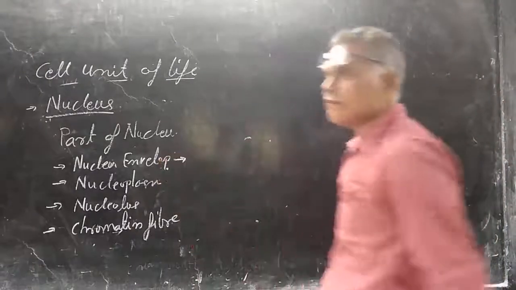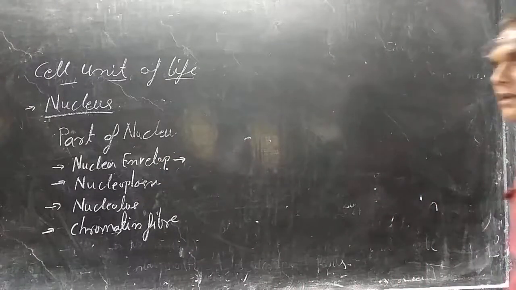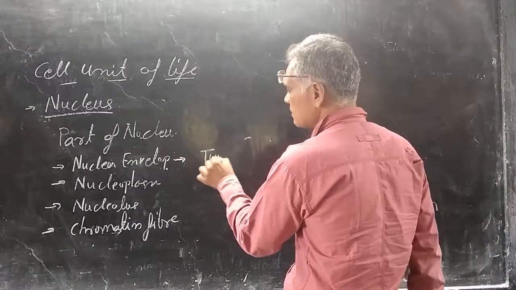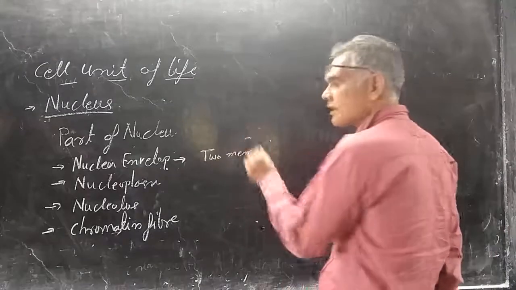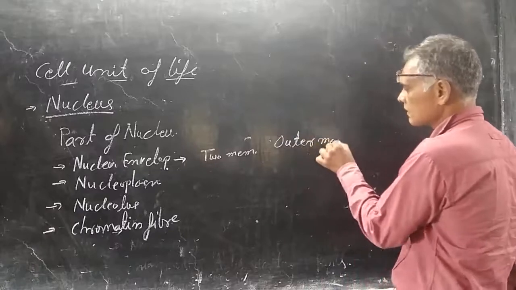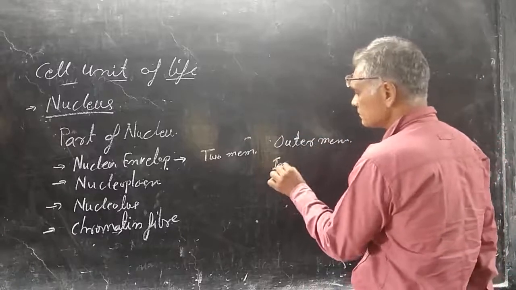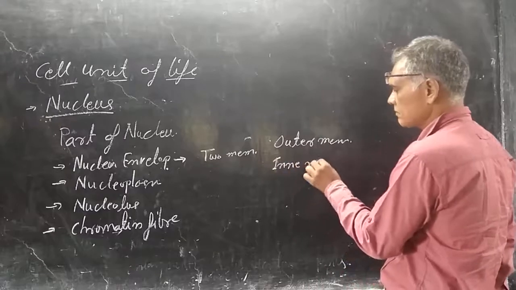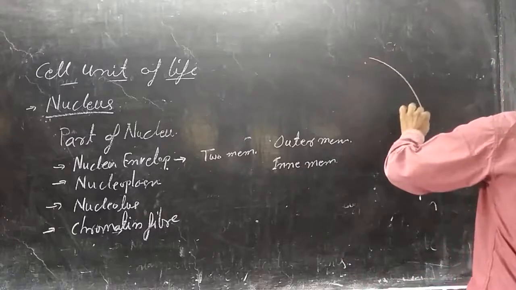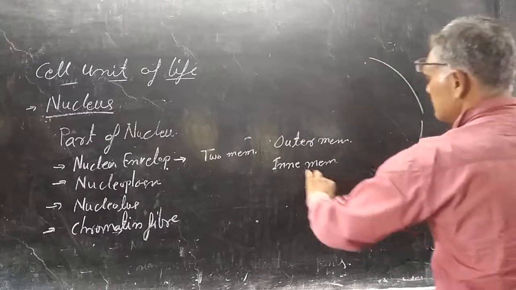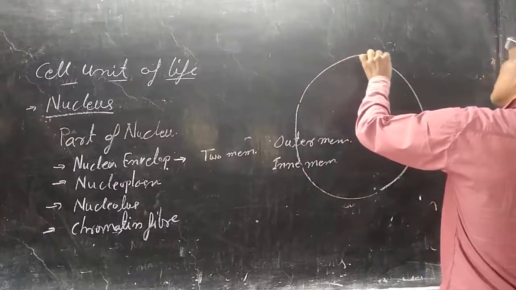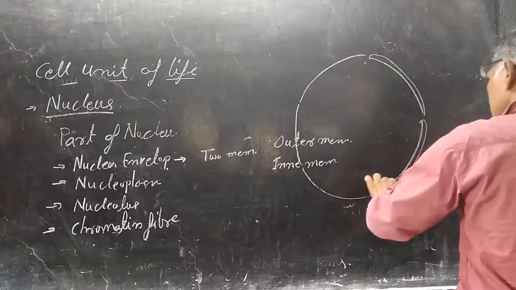The first one is the nuclear envelope, that is the nuclear membrane. The nucleus contains two membranes, that is the outer membrane and the inner membrane.